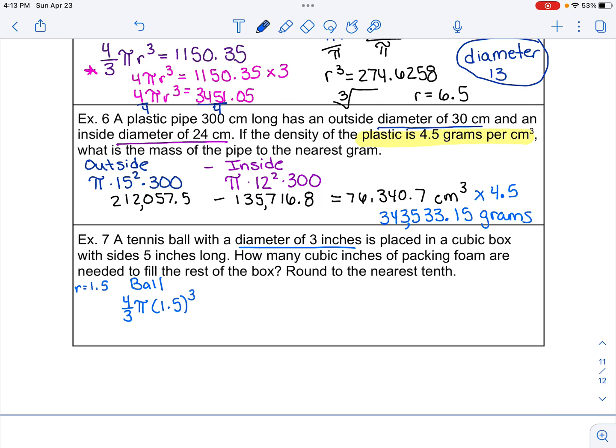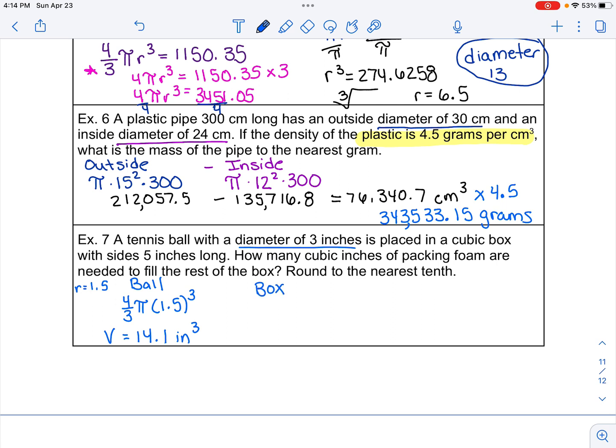So we'll find the volume of the tennis ball first. It's about 14.1 for the tennis ball, and that would be inches cubed.